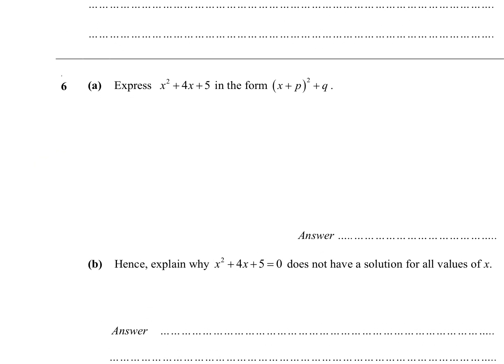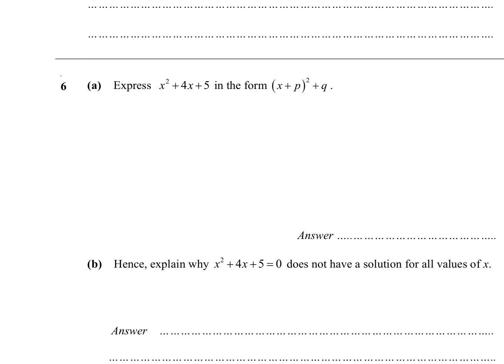Next one. Complete the square. When you complete the square, remember the first 2 terms you copy first, and the plus 5 you write all the way behind. The idea is you will add half this number squared and then subtract it away.